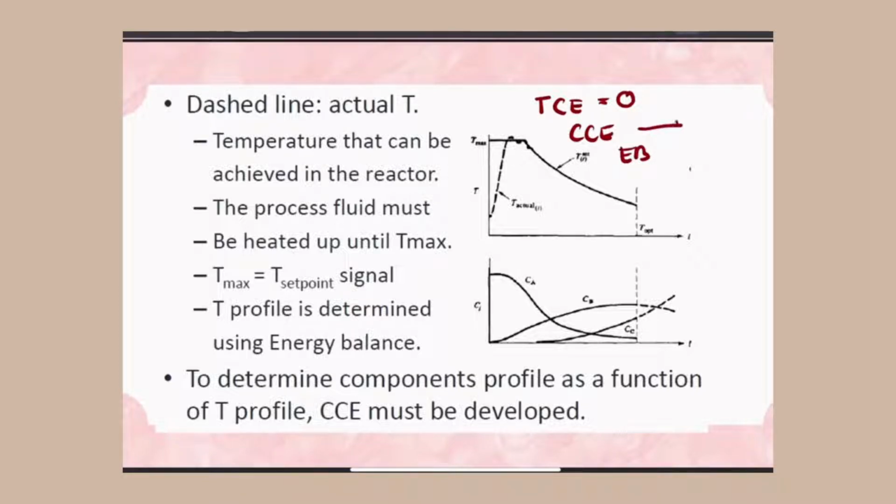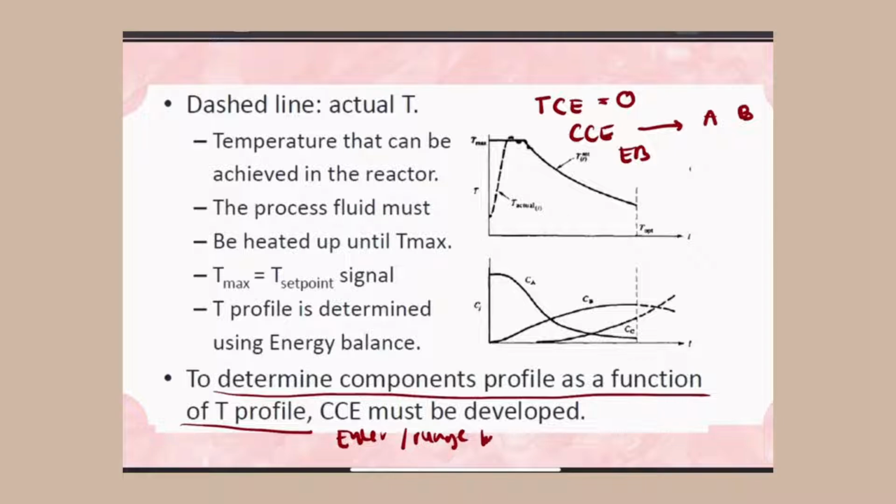So for example, we already calculate the CCE and energy balance for A, B and C. We also need to determine the components profile as a function of T profile by using Euler's or Runge-Kutta. Okay, so when we already have the components profile as a function of T profile, we can plot it, and we will get a graph like this.